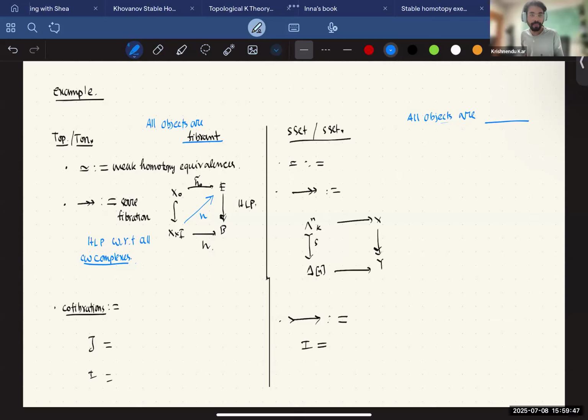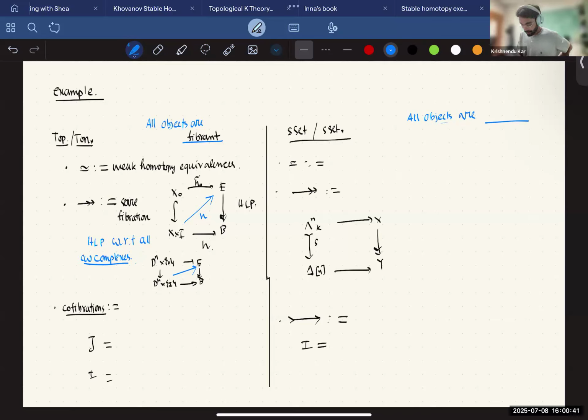Now, if you relax this a bit, with respect to all CW complexes, that means that for disks, since this enjoys the HLP with respect to all CW complexes, if I replace X by D^n, the disk, it will enjoy the homotopy lifting property, right?